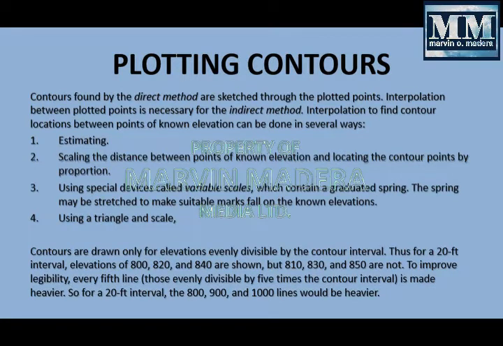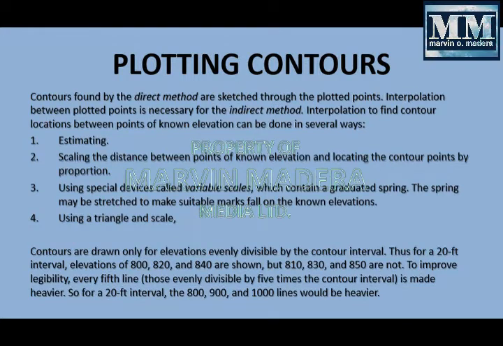So this is how we do the proportion. Third is using a special device called the variable scale, which contains a graduated spring. The spring may be stretched to make suitable marks fall on the known elevation. And number 4, using a triangle and scale.